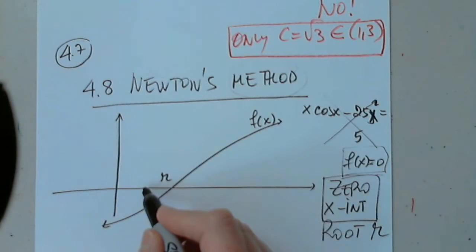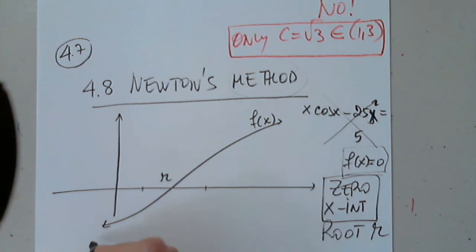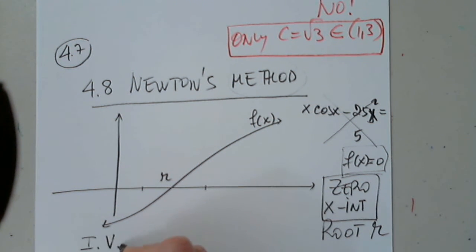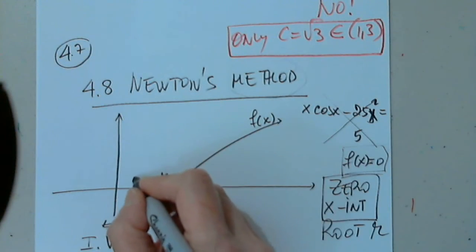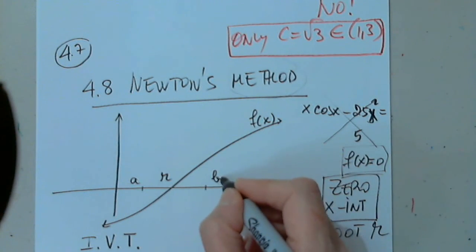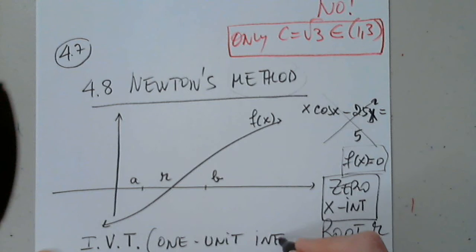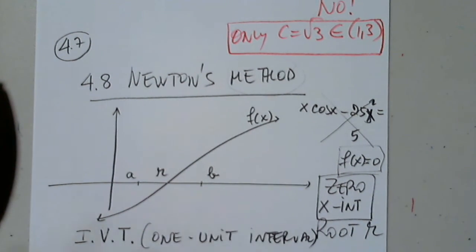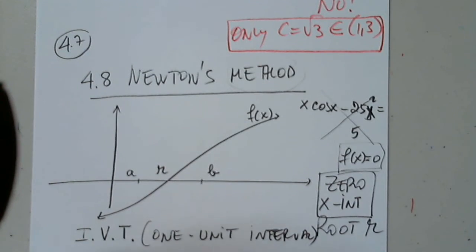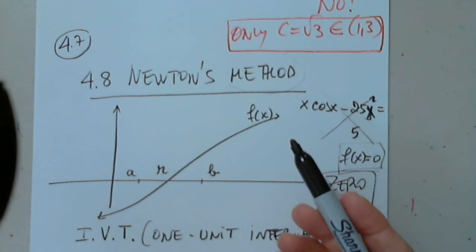And of course, our best friend, let's say I'm using the intermediate value theorem, and I found an interval a comma b, 1 unit interval, where I know the solution exists. Of course, it's a continuous function.